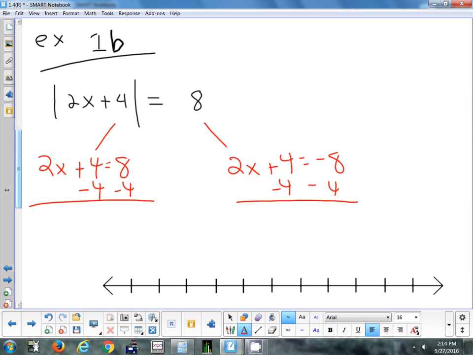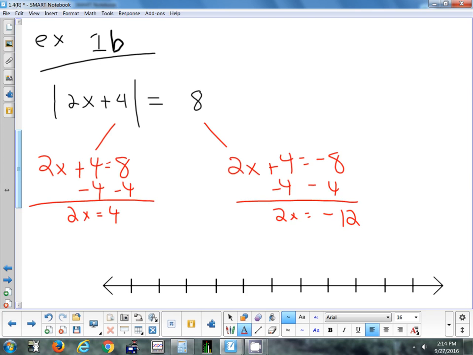I'm just showing you this way so you don't make a mistake with your first step. I'm going to get 2x equals 4. I'm going to get 2x equals negative 8, negative 4. Someone help me out. Negative 8, negative 4. Negative 12. Thank you, Aiden. Keep the sign, add the numbers.